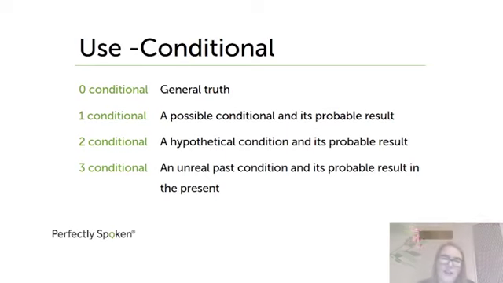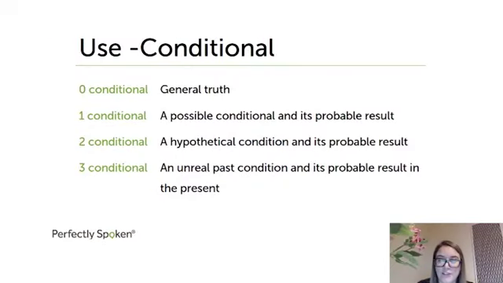So what you'll notice here is as we move through the conditionals, we move further away from reality. So a zero is something that's a general truth. First is possible, but now we're talking about the second and we're moving away from reality. So it's hypothetical. If I won the lottery, I would buy a new house. Maybe I don't play the lottery, so it's a hypothetical condition.